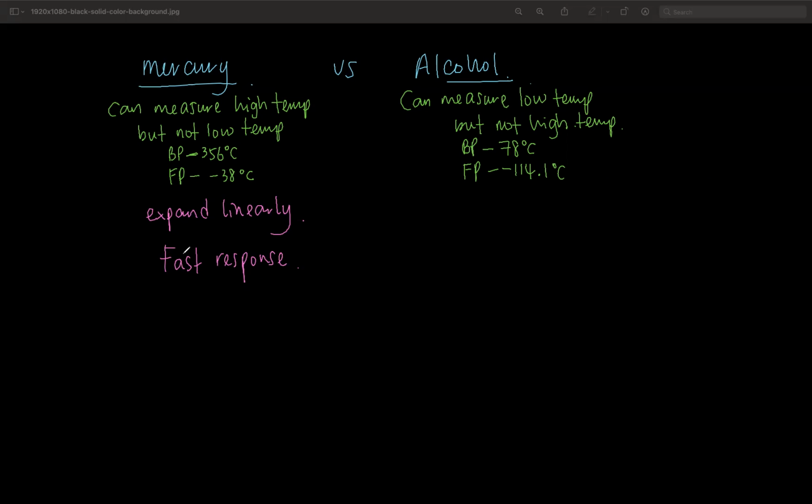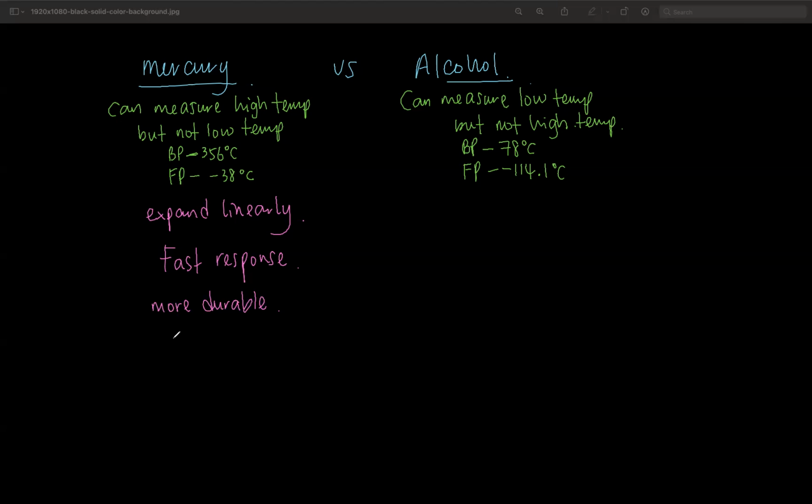This one. And also mercury, it is more durable. Can be used for longer term, more durable. Because why? Because it does not evaporate easily. It has high boiling point, right? It does not evaporate easily. So it can last very long, more durable.